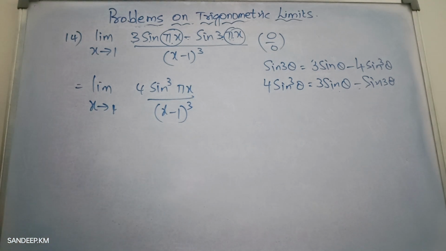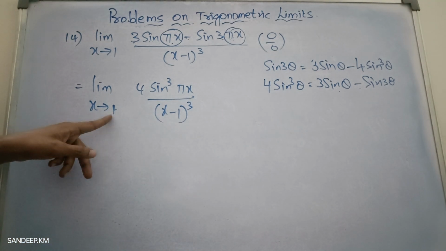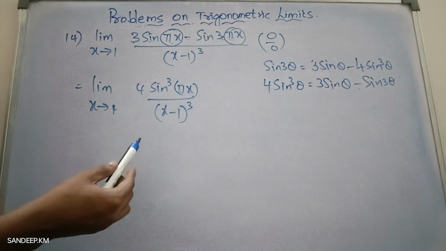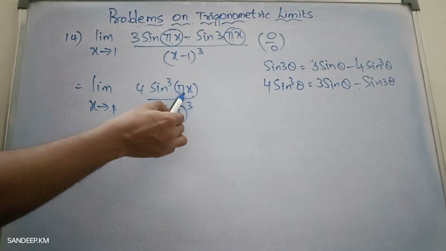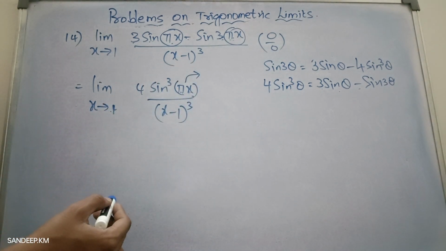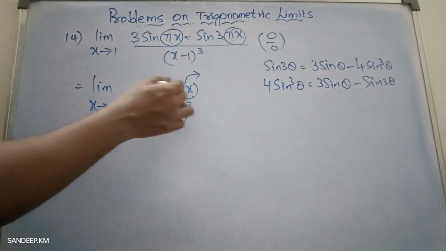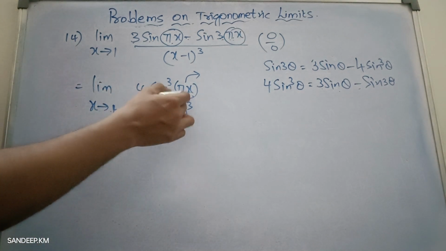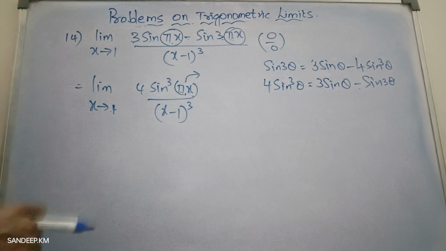I'll tell you one thing. When x is approaching 1, this is f of x. F of x is approaching pi, because if I substitute x as 1, I'm getting pi here. But if it is approaching 0, I will do something. Sine cube f of x means I'll divide it with f of x whole cube. We have done this already in the previous problems.